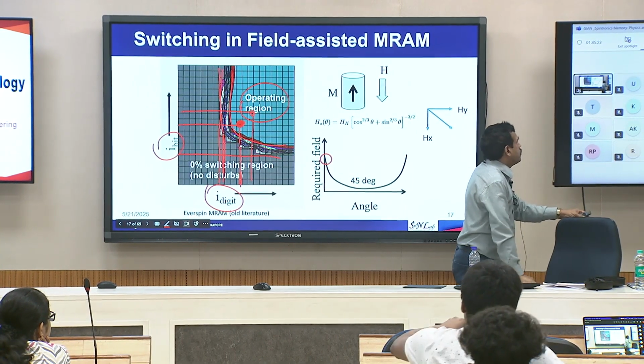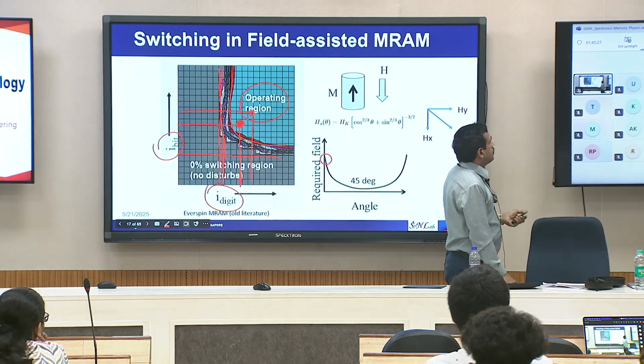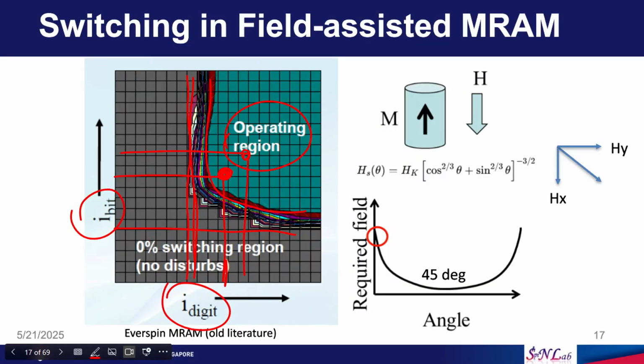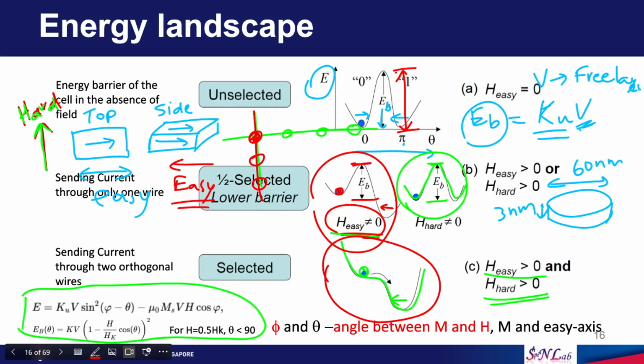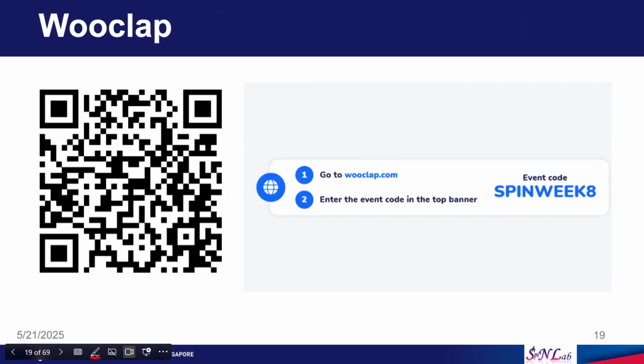Yes, the two wires in the orthogonal direction are providing the easy field and hard field. Yes, correct. So, I gave you one explanation of how this whole thing works. There is also another explanation, but I think we can skip this today.